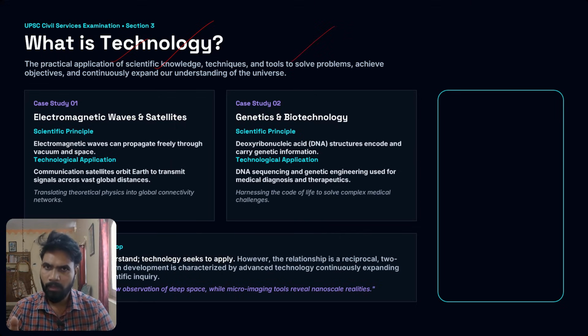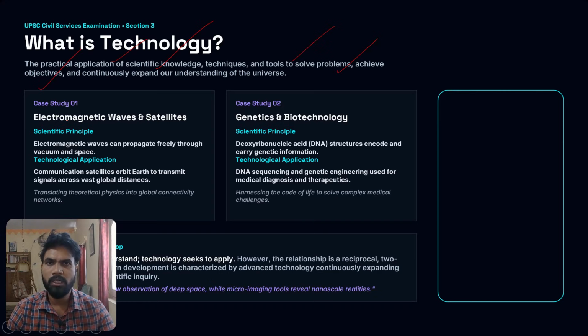And why do we have to apply this scientific knowledge? It is to solve problems, achieve whatever objectives we may have, and to continuously expand our understanding of the universe. Application of scientific knowledge is called technology. Broadly, you can say that.